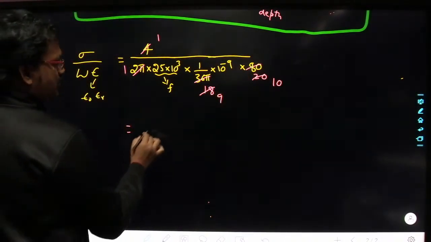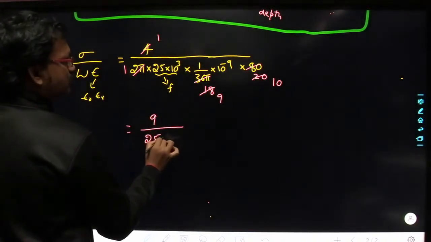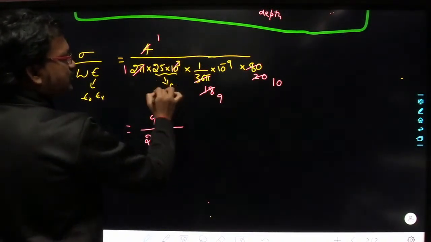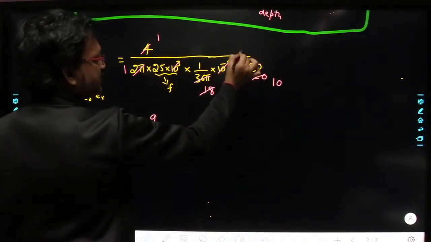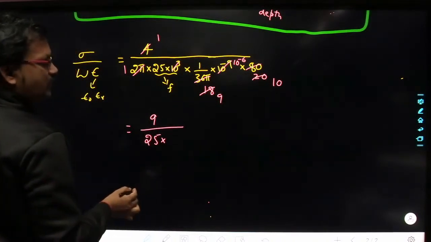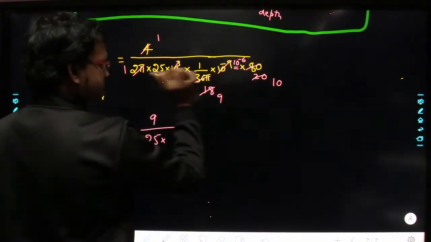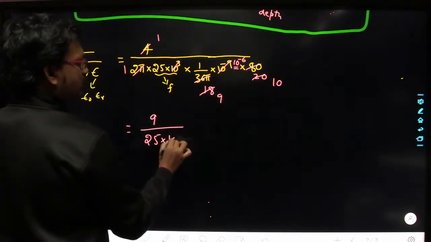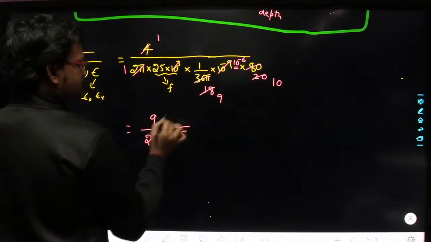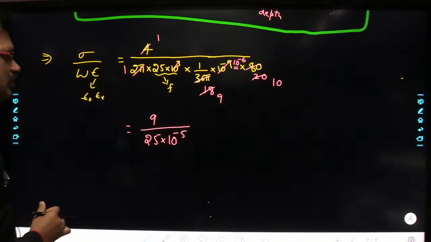You are going to get 9 divided by 25 into 10 power 3, and here 10 power minus 3 will get cancelled. So 10 power minus 6, and here 10, so you will get 10 power minus 5. So 9 divided by 25 into 10 power minus 5.